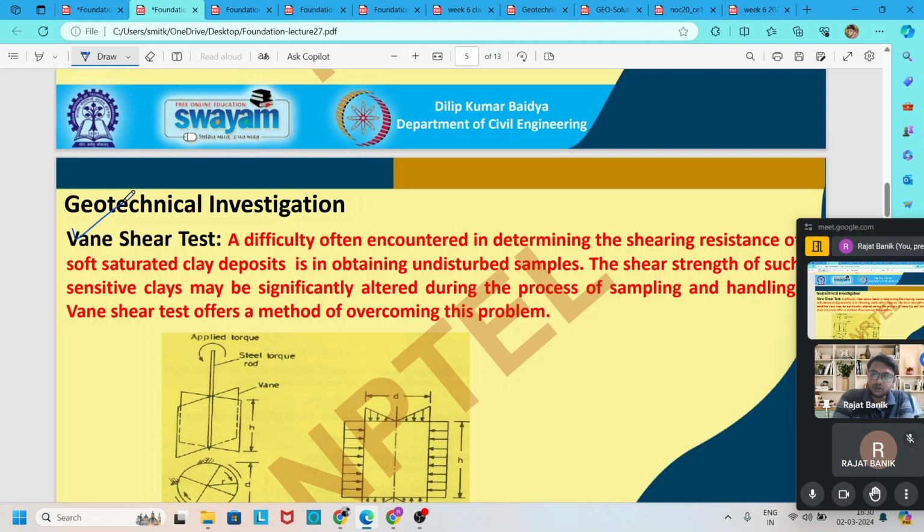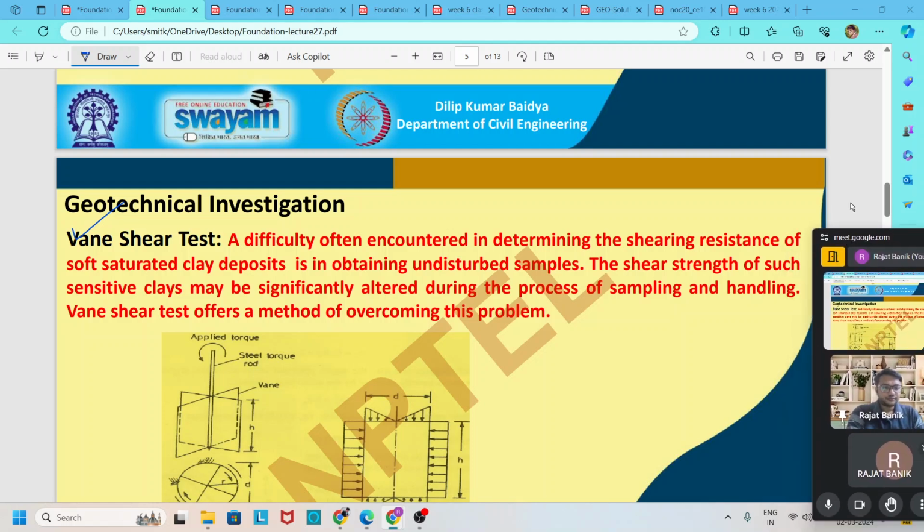method is very popular for finding out the shear cohesion of soft saturated clay deposits or very sensitive soil. A difficulty often encountered in determining the shear resistance of soft saturated clay deposits is in obtaining an undisturbed sample.